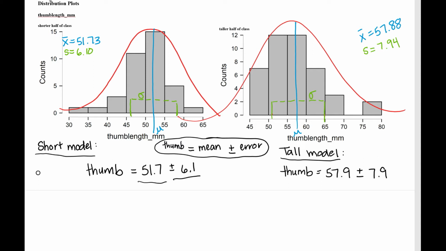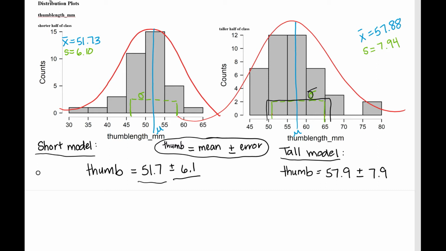So it may be as low as 50 or as high as 58 plus about 8, so 66, right? So I might even expand this a little more. And that's what I consider to be about the spread of my population. The average spread is probably somewhere around 7.9.